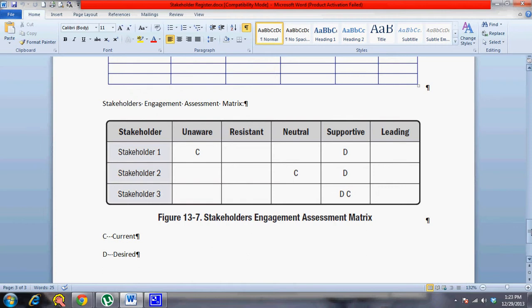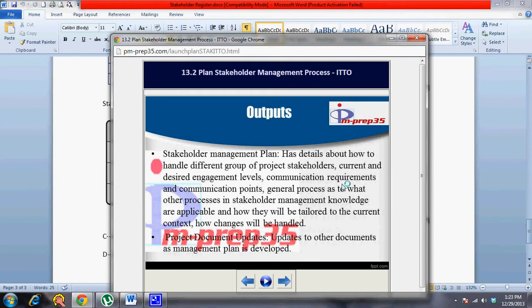So how will you communicate changes and what impact can it have, how will you go about handling things smoothly. So these are all part of your stakeholder management plan. So with that idea, the stakeholder management process is over.